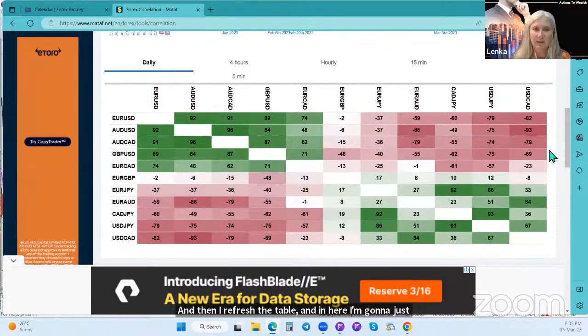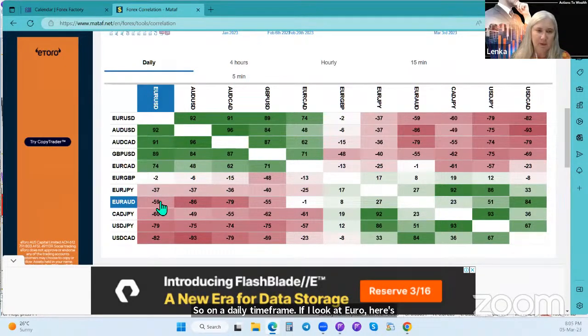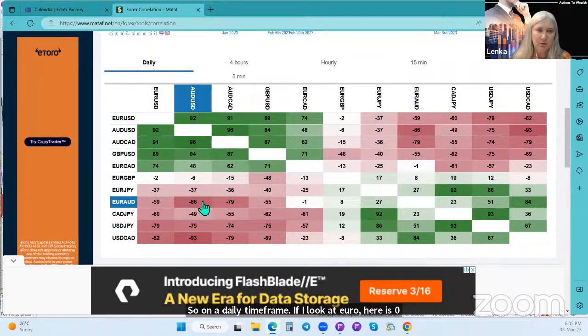So on a daily time frame, if I look at euro, here's euro AUD, in relation to AUD USD, the number here is negative, therefore it's colored in red, minus 86.